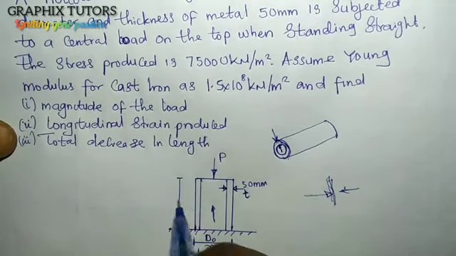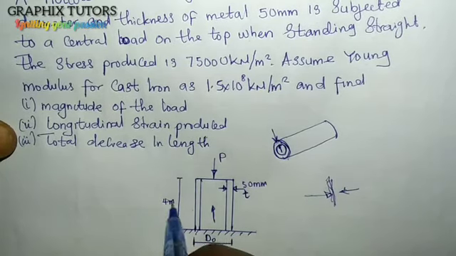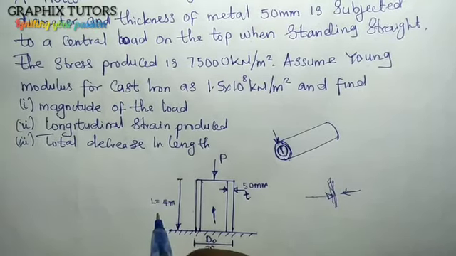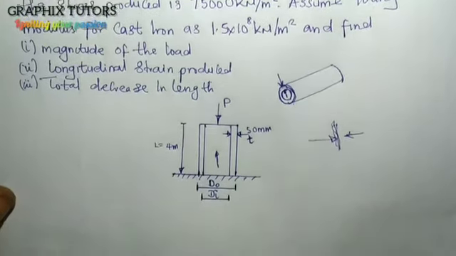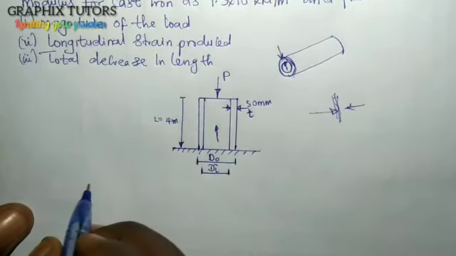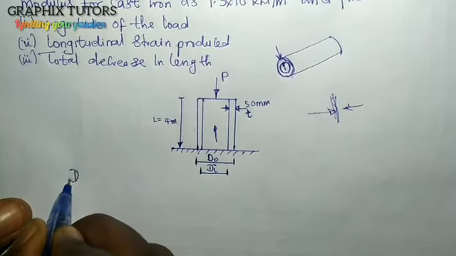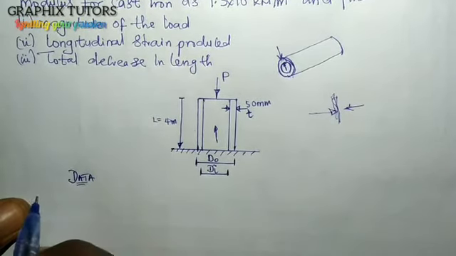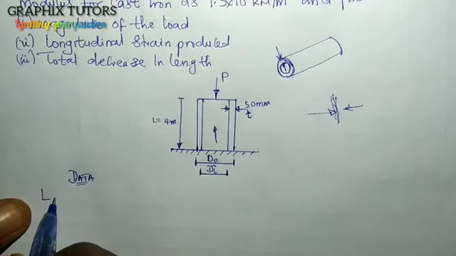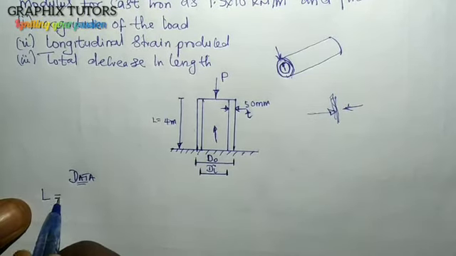It's 4 meters. That's our length. So I will write the data given here. It is very important for you to always write out your parameters. The length of the hollow cast iron is given as 4 meters.